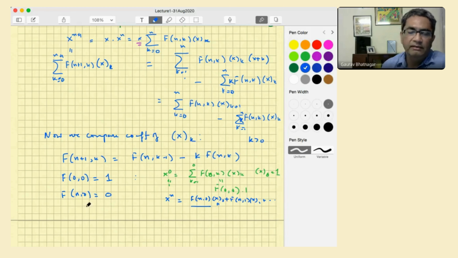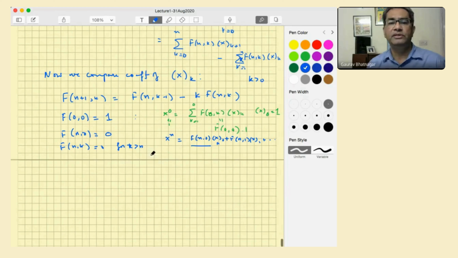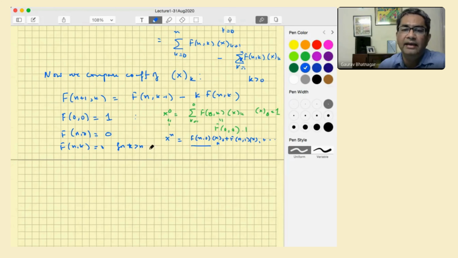So that's fine. Then of course f_nk is equal to 0 for k bigger than n. This is obvious because the degree of the x sub k cannot be bigger than the degree on the left hand side. So we have, again, x to the n is the summation of f_nk x sub k. So of course this k cannot be bigger than n. That's why we are going from 0 to n.